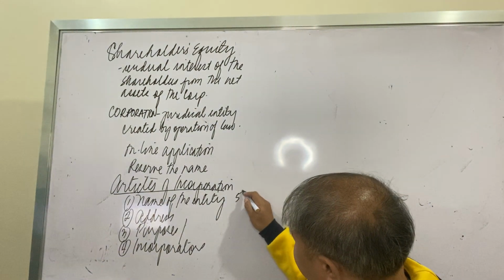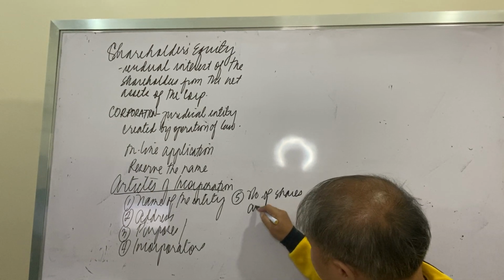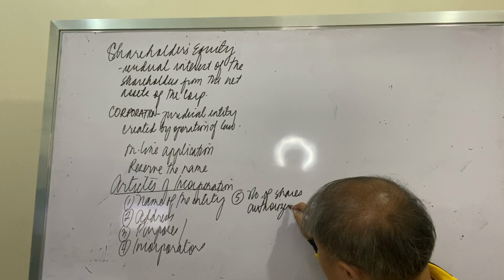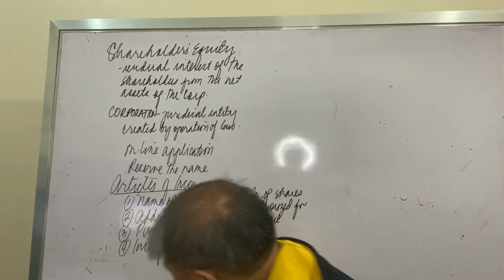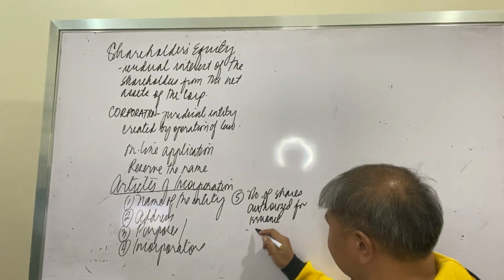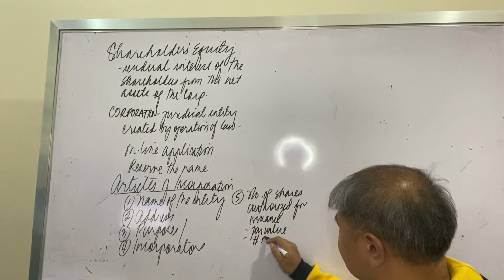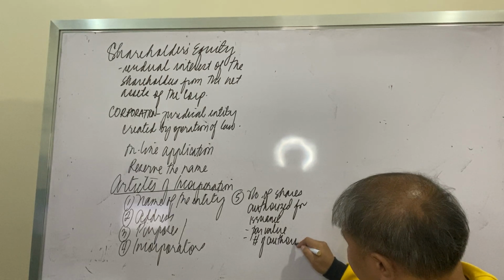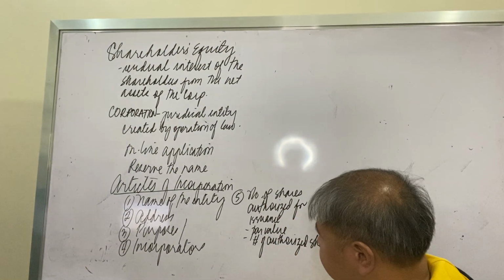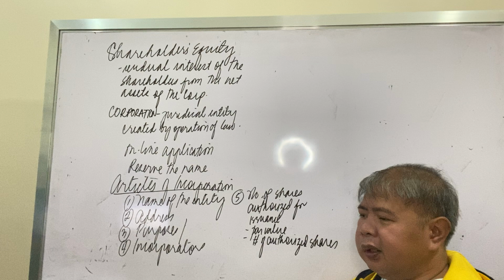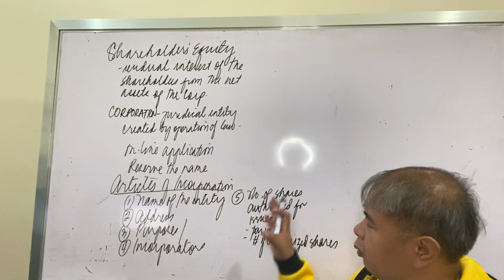And then number five, the number of shares authorized for issuance. It will also be part of the information: the par value of the shares and the number of authorized shares. Now these basically are some of the things that you will find in the articles of incorporation of an entity. So ito yung mga nakalagay sa articles.